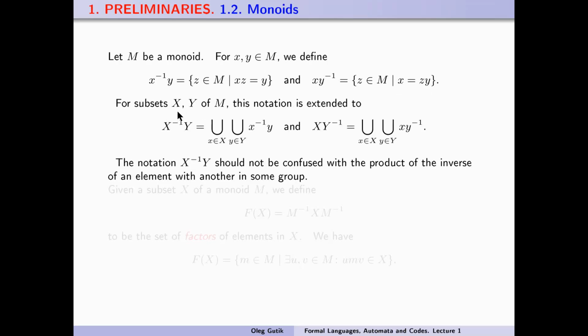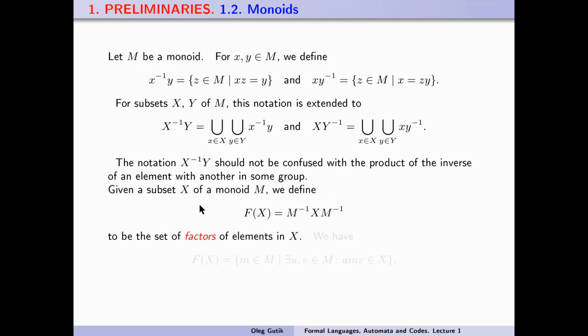If we have subsets X and Y of the monoid M, this notation can be extended to the subsets X and Y. X minus 1 Y consists of the union of such sets x minus 1 y, for y from Y and x from X. This notation X minus 1 Y should not be confused with the product of the inverse of an element and another, as in groups.